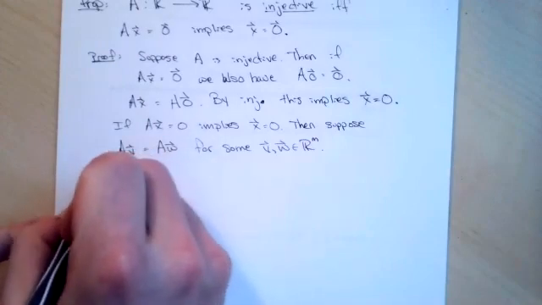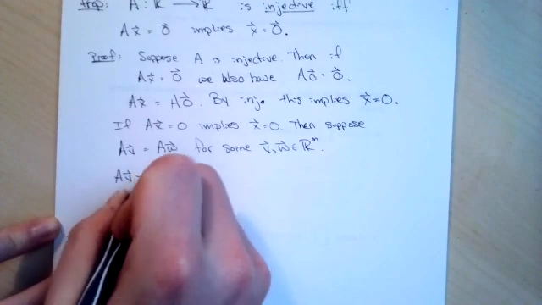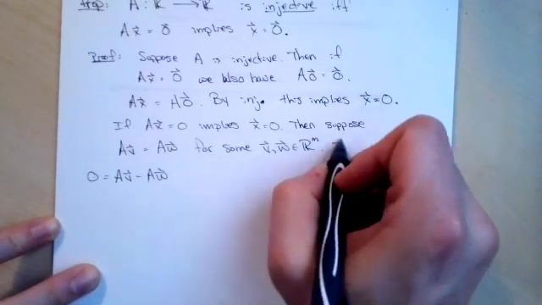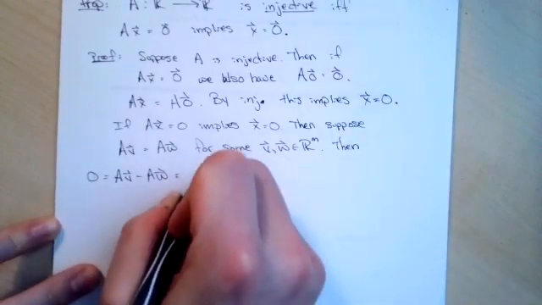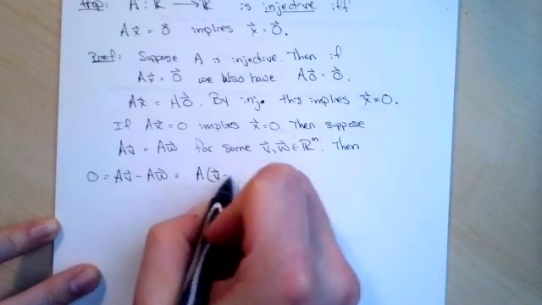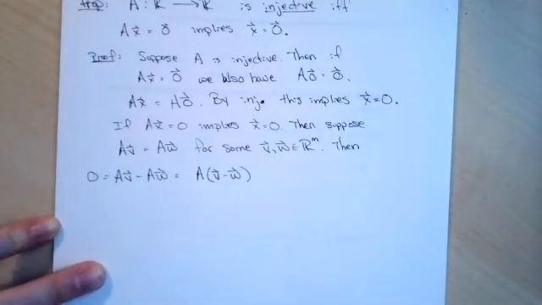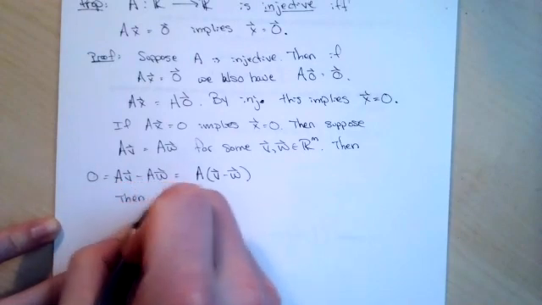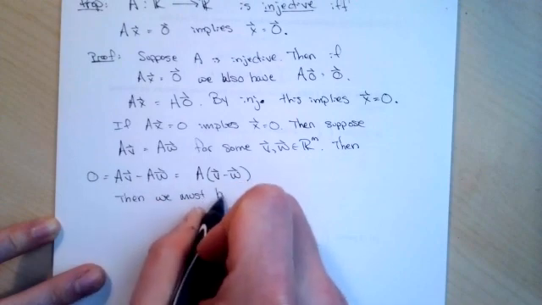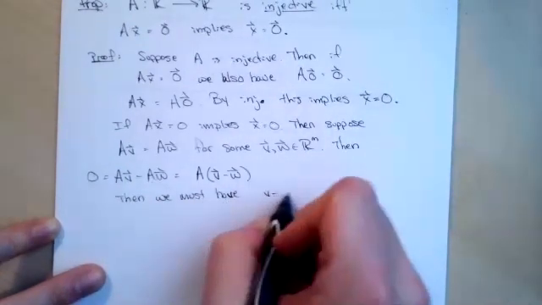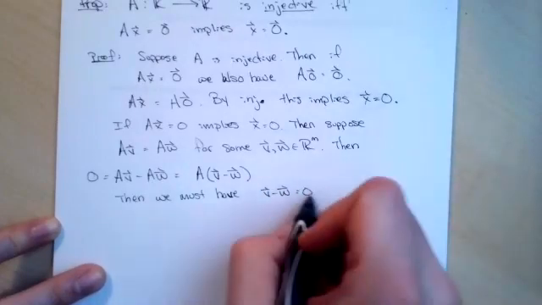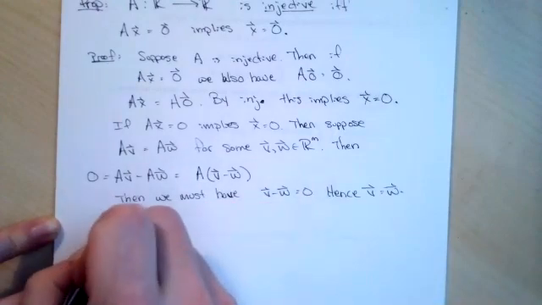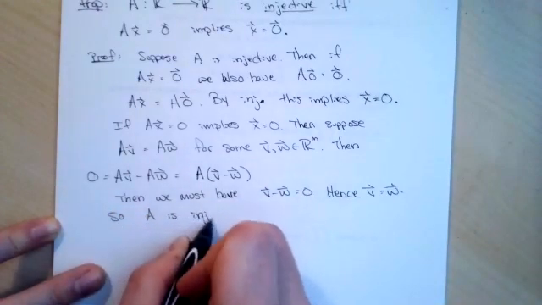By linearity, this implies that Av minus Aw should be 0. But by the linearity of A, this implies A acting on v minus w is equal to 0. And by our assumption, we have to have v minus w equal to 0. And hence, v is equal to w. So A is injective.